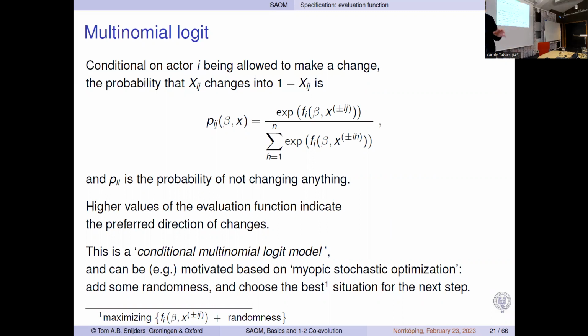Those of you who know this will say, yes, I know, and those of you who don't know can take it for granted. The basic idea is that if the evaluation function of the new state, X plus or minus ij, the hypothetical new state, is higher, then you've got a higher probability of going there.